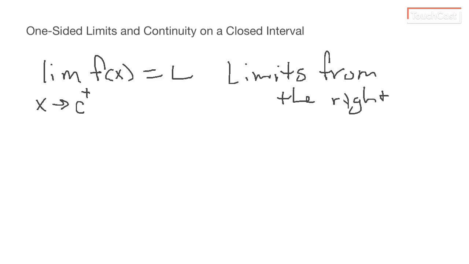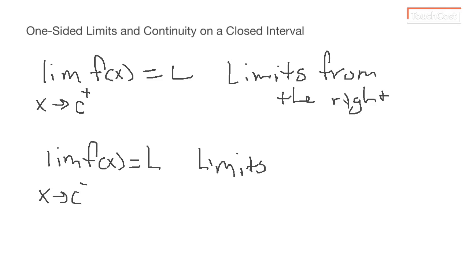We're going to say the limit of f of x as x approaches c, but instead of having a little plus sign above c, we're going to have a little minus sign, and we're still going to say that equals L. These are limits from the left. So if we're looking at the graph of the function, we're just looking at any points that are to the left of c.